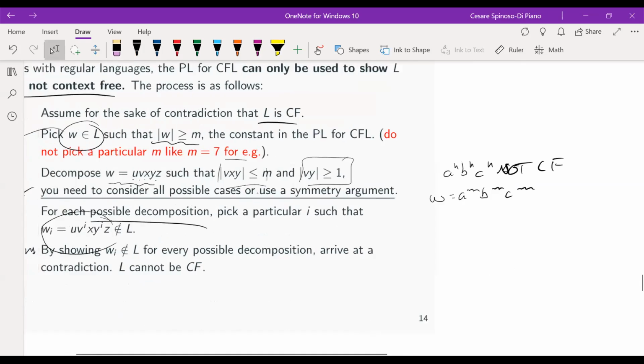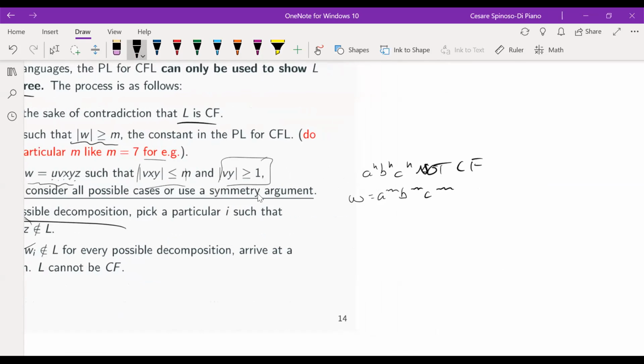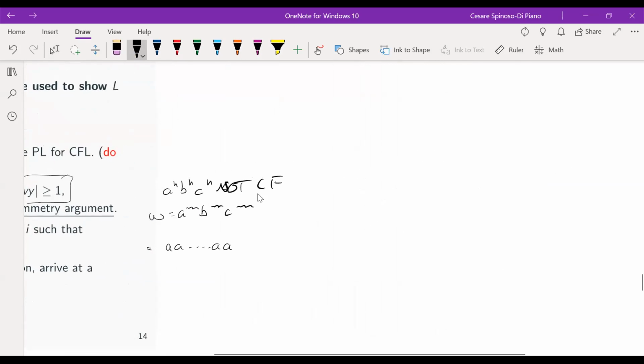And now your decomposition is trickier. So now if you write W as a bunch of A's, and then a bunch of B's, and then a bunch of C's, I know that all of this has length at least m, because in fact it's exactly 3m.